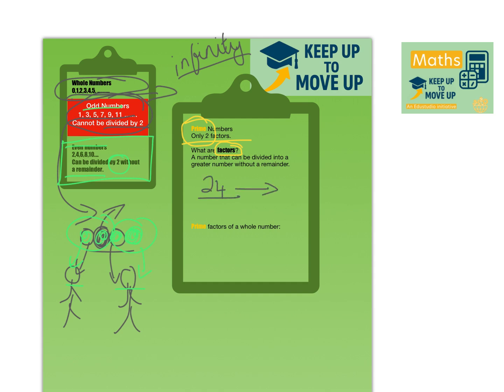The factors of 24 are 1, because 1 can divide into 24. 24, because 24 can divide into 24. 2, because 2 can divide into 24. 3 can divide into 24. 4 can divide into 24. 5 cannot divide into 24 without a remainder. Therefore, 5 is not a factor of 24. And of course, 6 can as well.